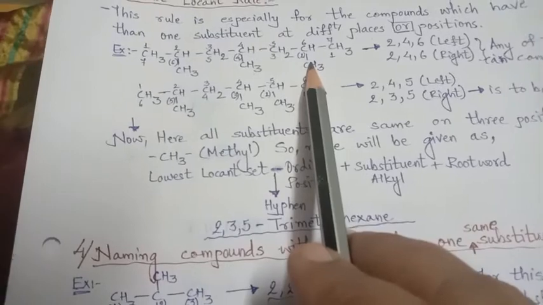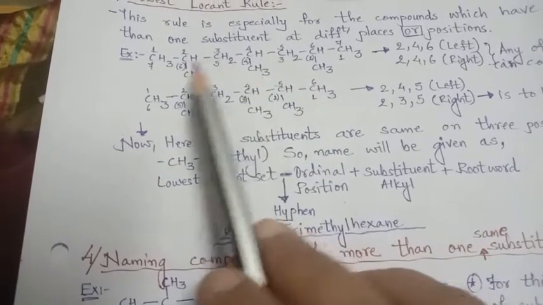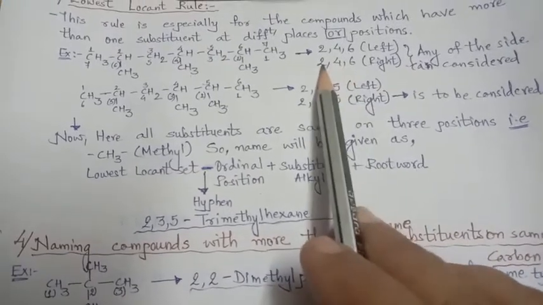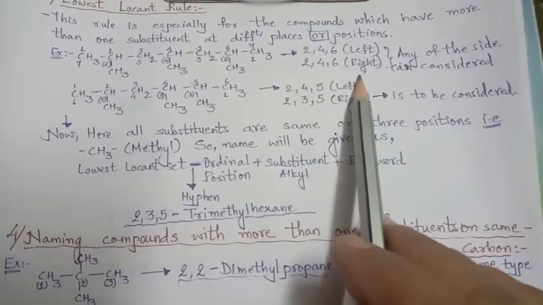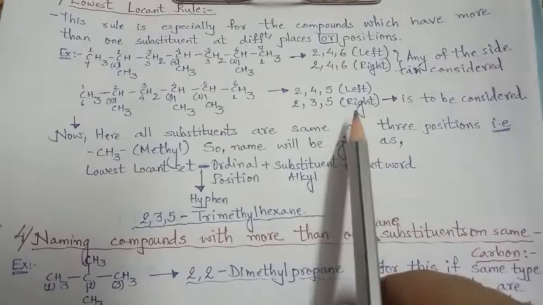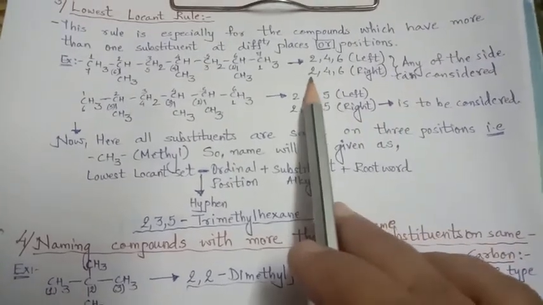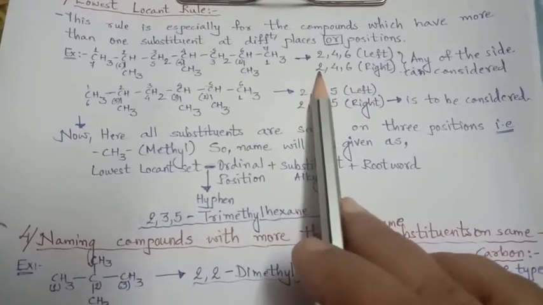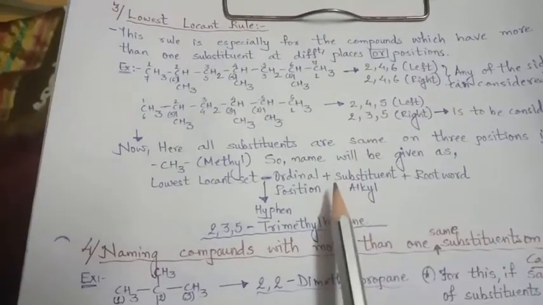Here it is also position 2, 4 and 6. So either from the left side or from the right side, the positions of the branches are similar, so from either side we can give the name.